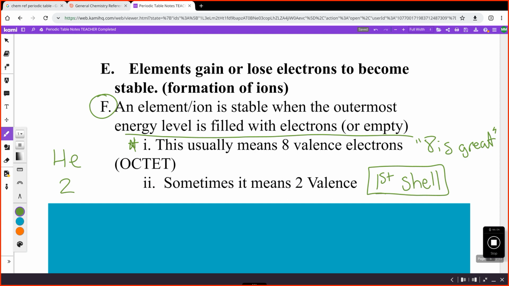Since the first shell only holds 2 valence electrons, it will be filled just like that. Outside of hydrogen, helium, lithium, beryllium, everything else is going to need to get 8 valence electrons. So what we're going to start doing is determining if elements are going to gain or going to lose.